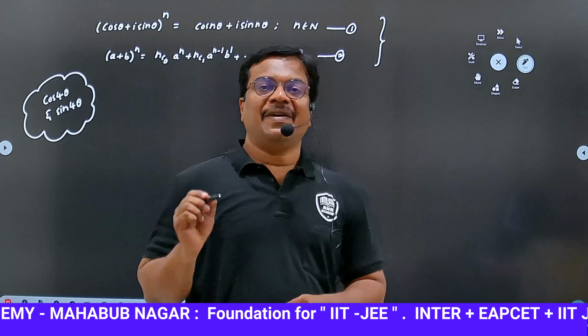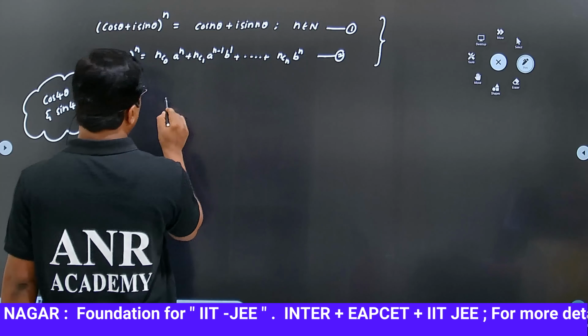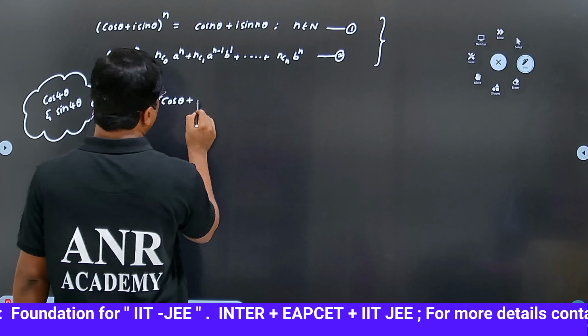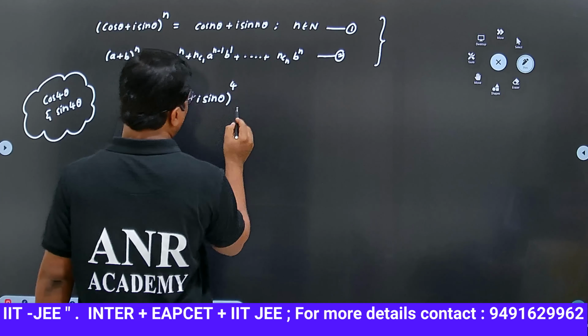Let us observe. We are going to find the cos 4 theta and sin 4 theta results. Suppose the value of n is equal to 4, what happens? Observe. (cos theta + i sin theta) whole to the power of 4.